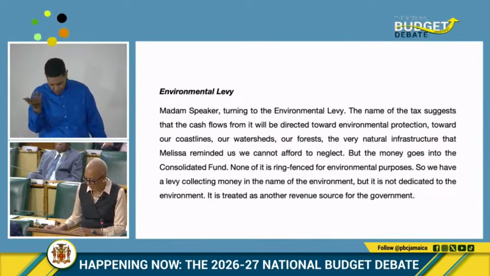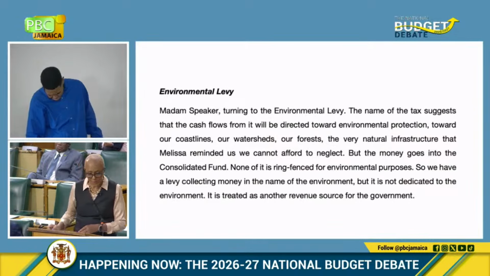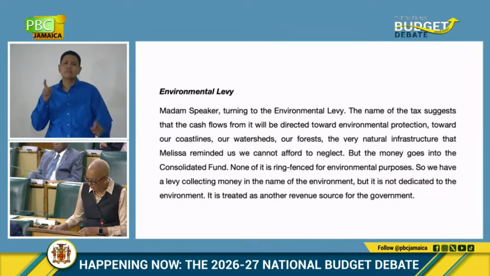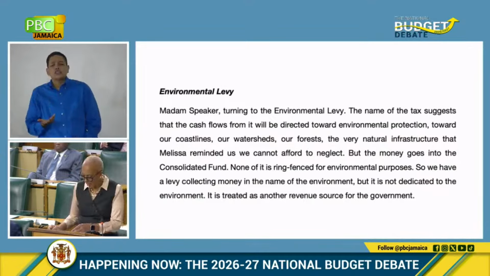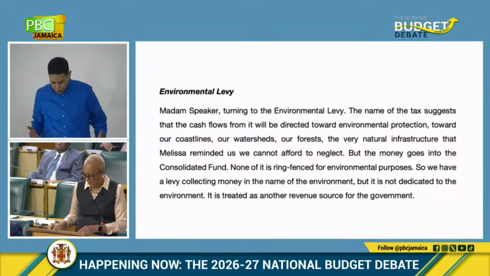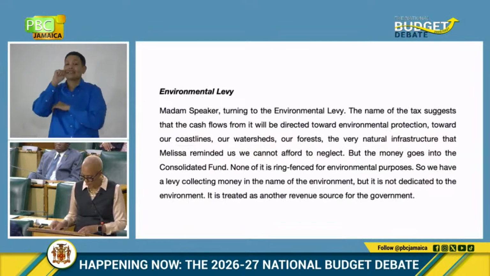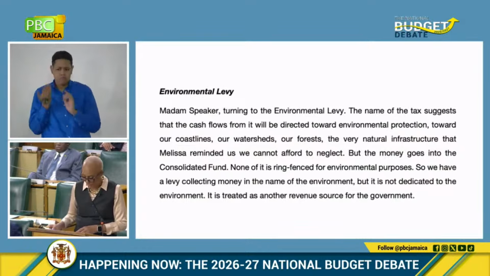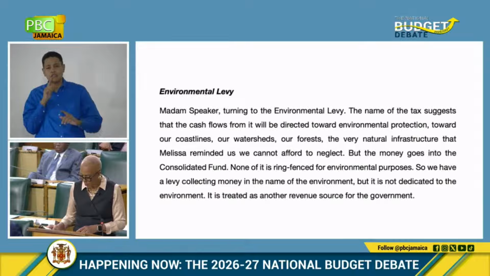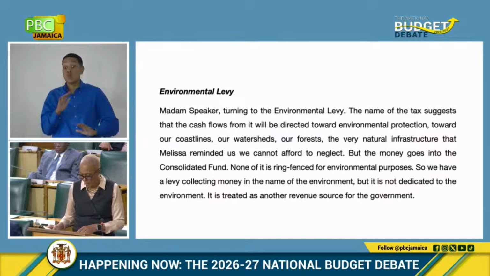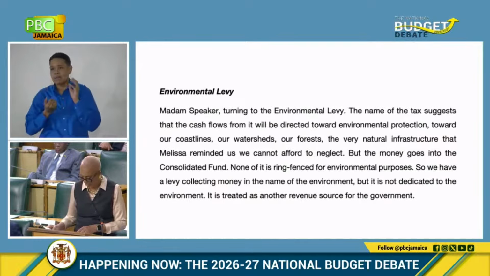That's what they said. Well, Madam Speaker, the Minister with responsibility for water, environment, and climate change will tell you that the environmental protection levy is being pursued against the backdrop of the government's signaled intent to boost green growth to enhance climate resilience.